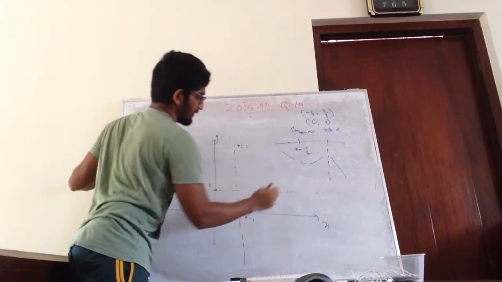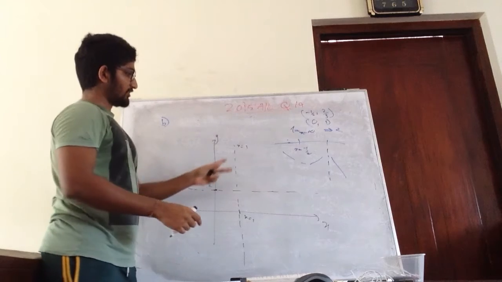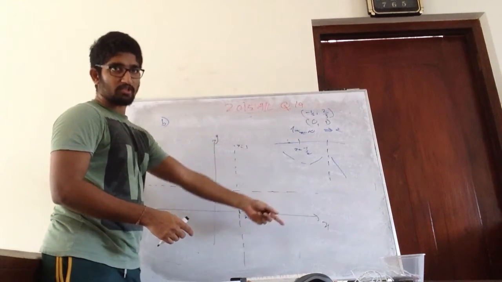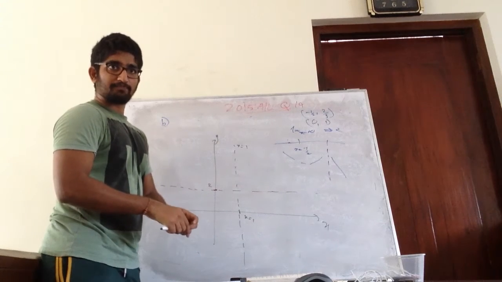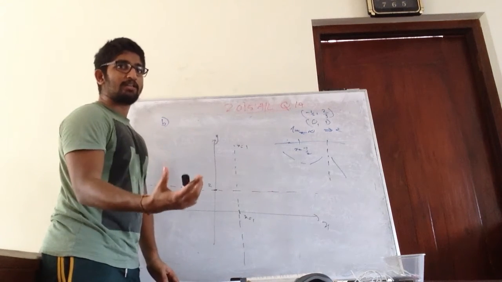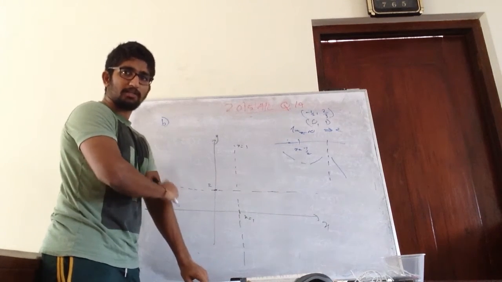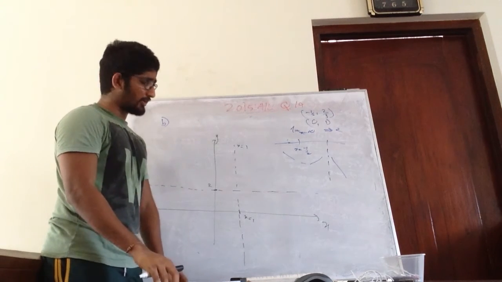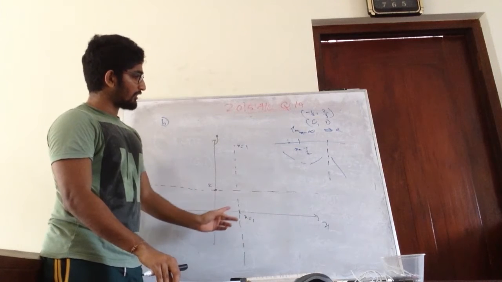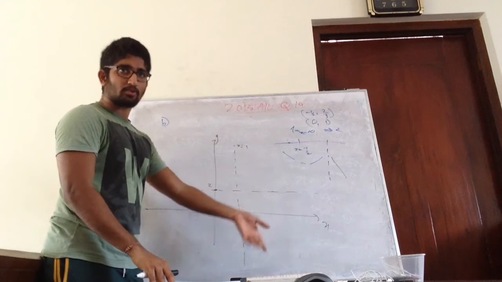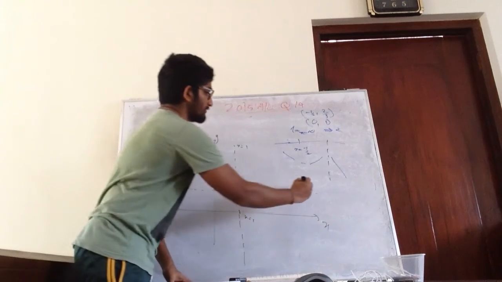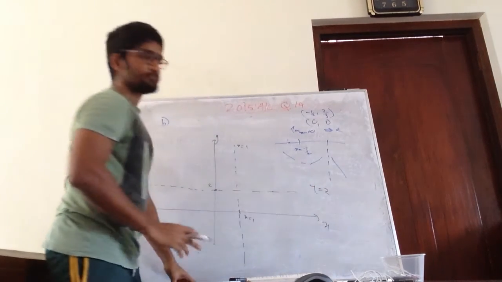So this is the vertical asymptote, and these are the horizontal asymptotes. Usually in most of the A level sums that we have done, the horizontal asymptote was 0, but here the exception is y equals 2.